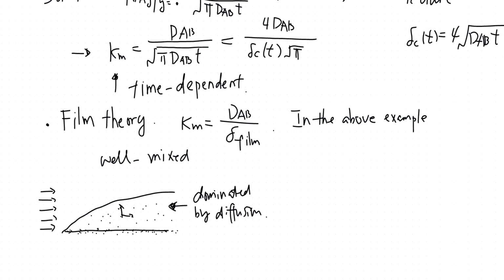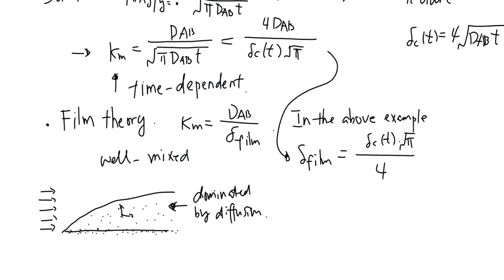You can have delta film equal to delta C T multiplied by the square root of pi divided by 4. So you follow the definition of Km, and that's how you get it.